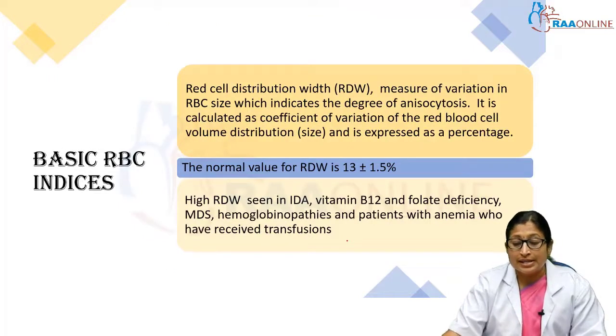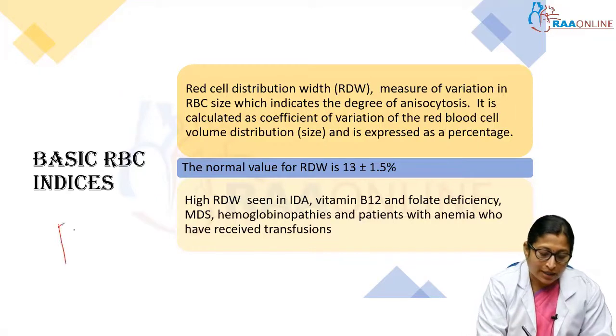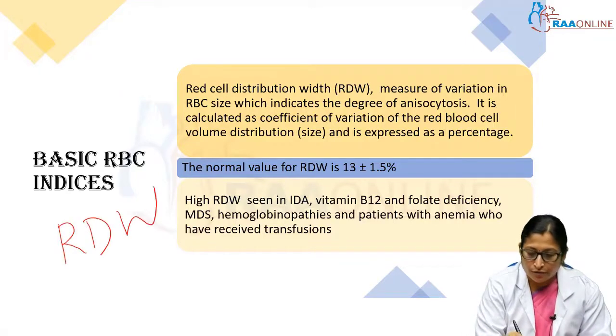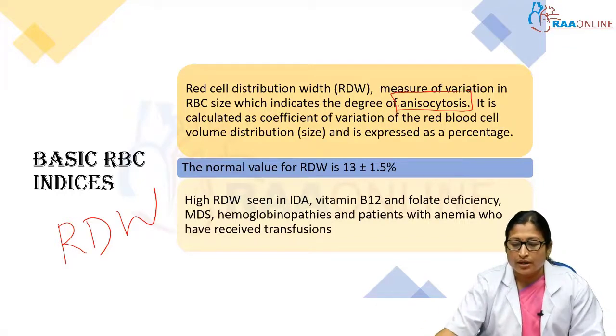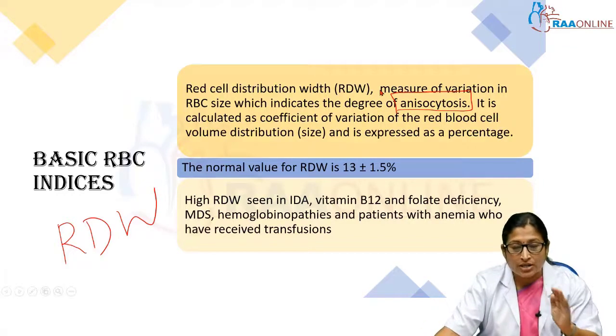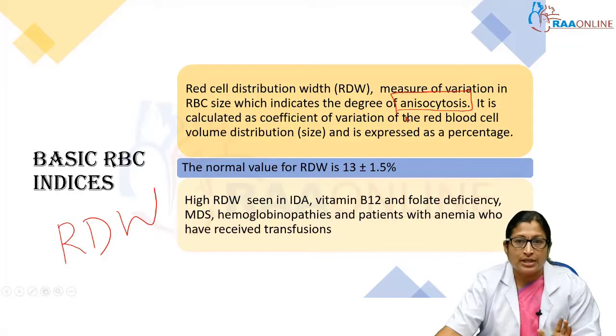Now, what is red cell distribution width, RDW? RDW is a measure of anisocytosis. It is a measure of variation in the RBC size, which indicates the degree of anisocytosis. It is calculated as the coefficient of variation of red blood cell volume and is expressed as a percentage.